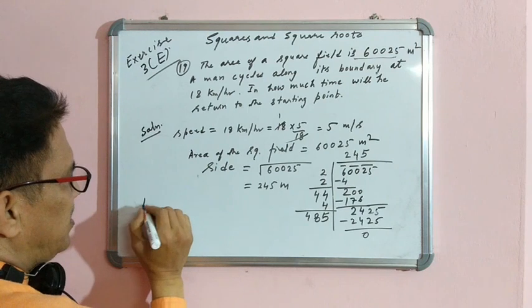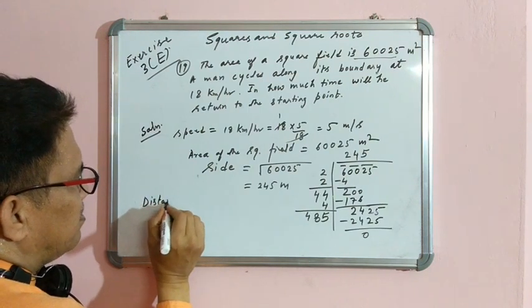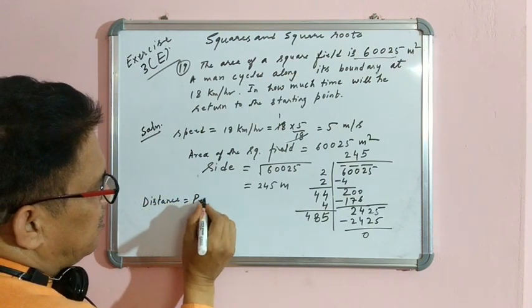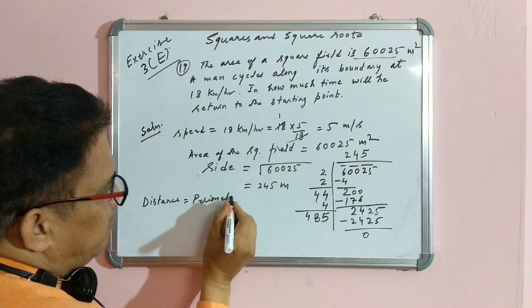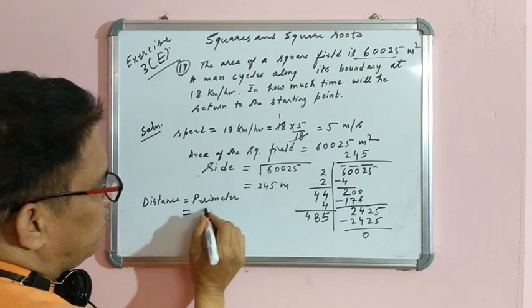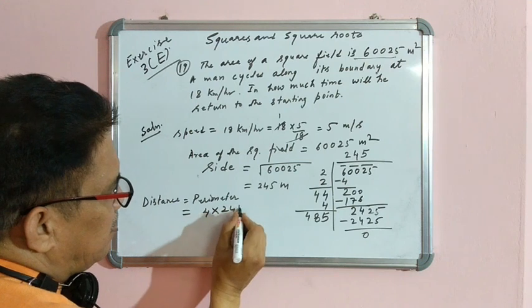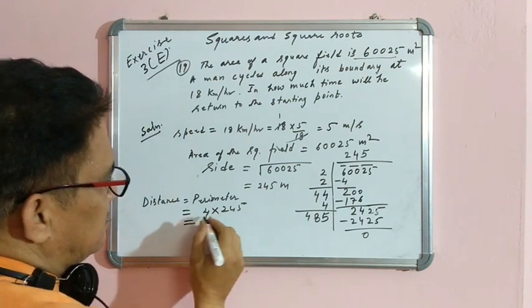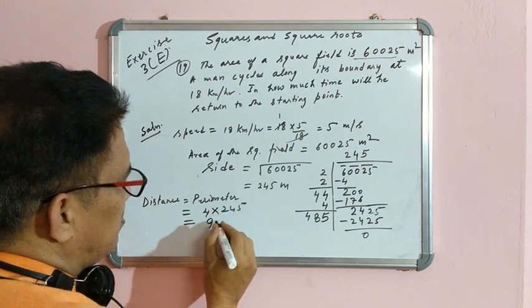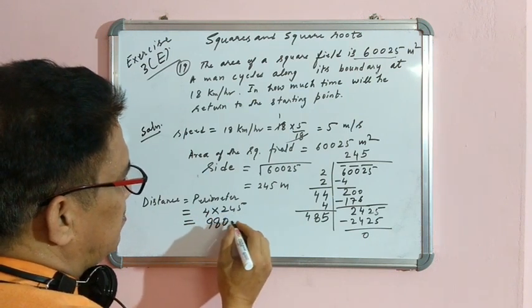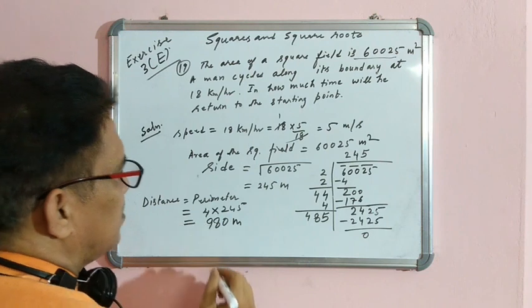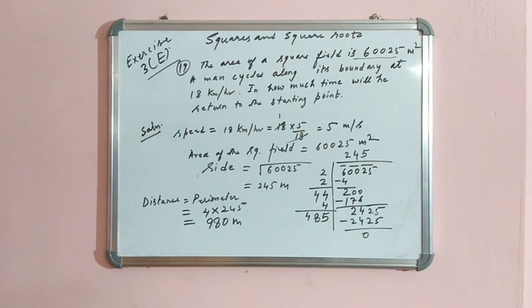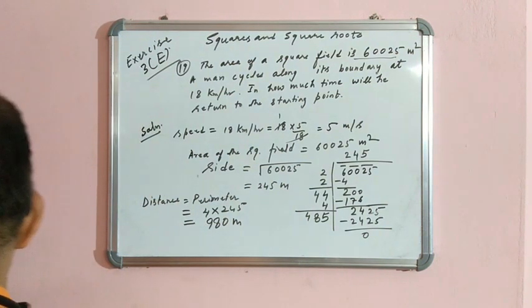Now the distance he will cover is equal to the perimeter of the square, that is 4 into side. We are getting 980 meter. So we have got the distance.